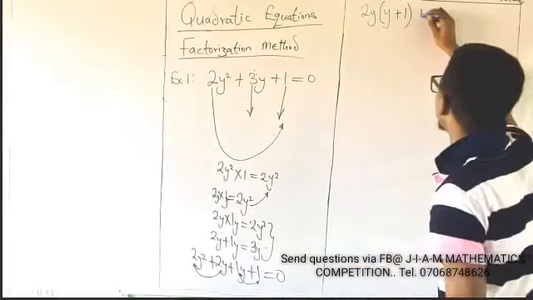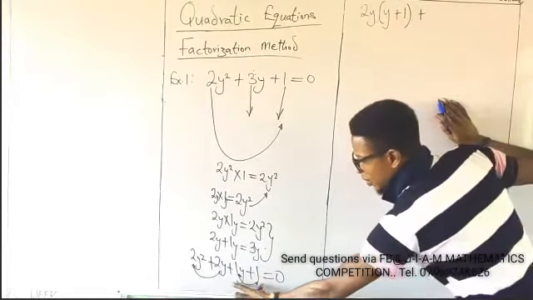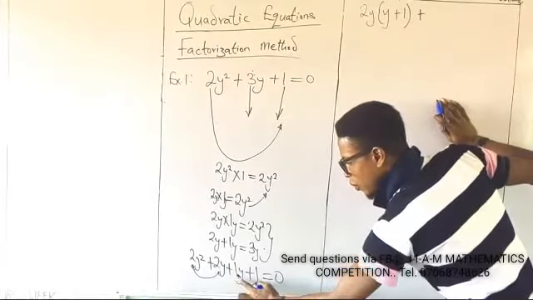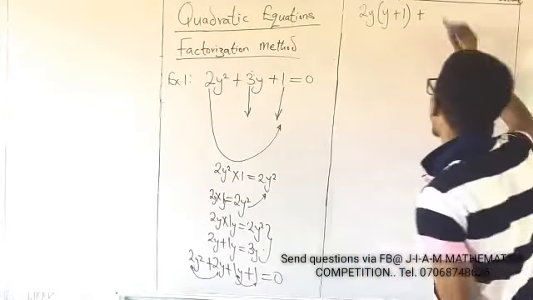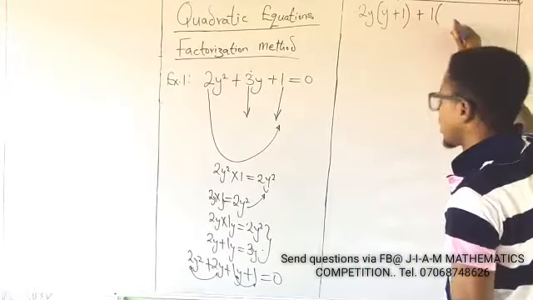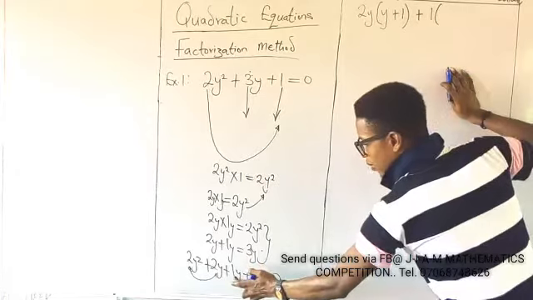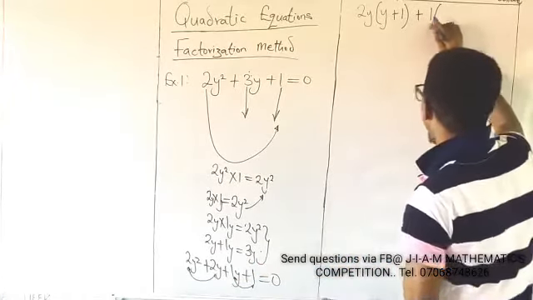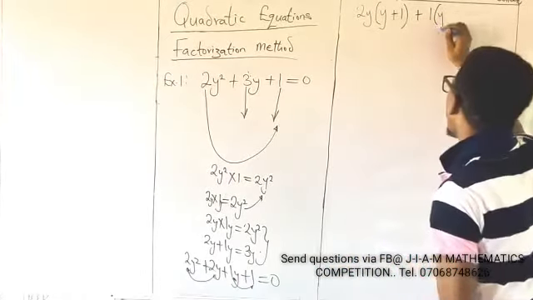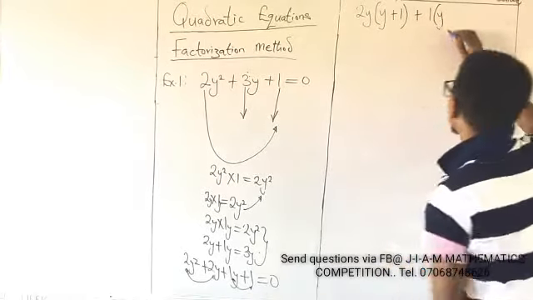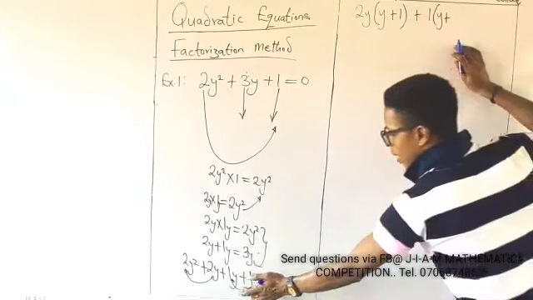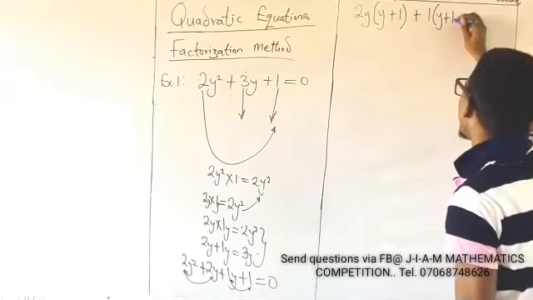Now 1y and 1, what is common? 1 is common. You open the bracket: 1 into 1y is y, plus 1 into 1, you just add the 1.